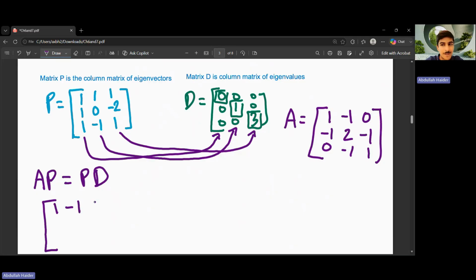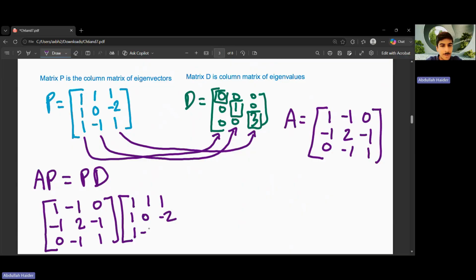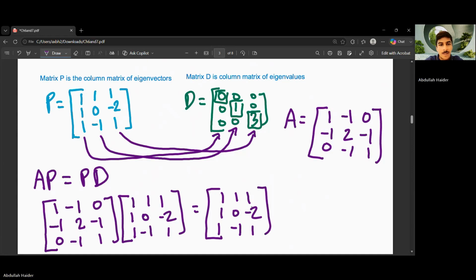So A, which is 1, -1, 0, -1, 2, -1, 0, -1, 1, multiplied by P, which is 1, 1, 1, 1, 0, -2, 1, -1, 1, equals PD, meaning 1, 1, 1, 1, 0, -2, 1, -1, 1 multiplied by D as well.